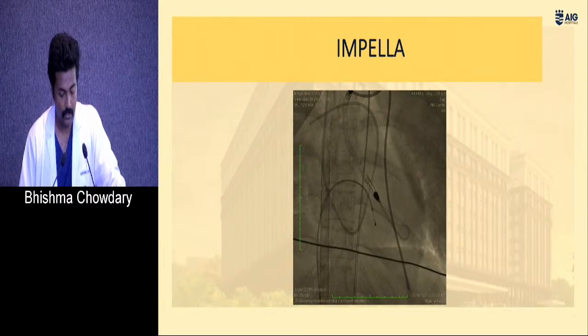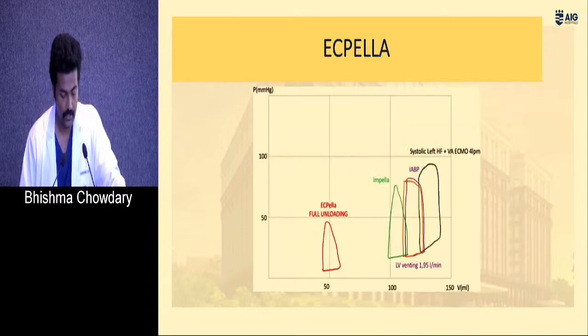You can see all in one frame: there's an ECMO, pulmonary artery catheterization, and an Impella all in one frame. This is the effect of the Impella; the IABP was decreasing the LV unloading only a little.